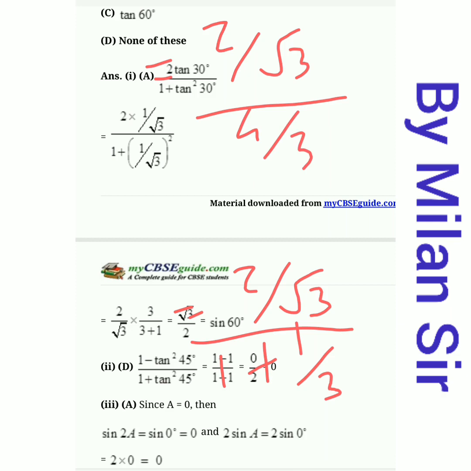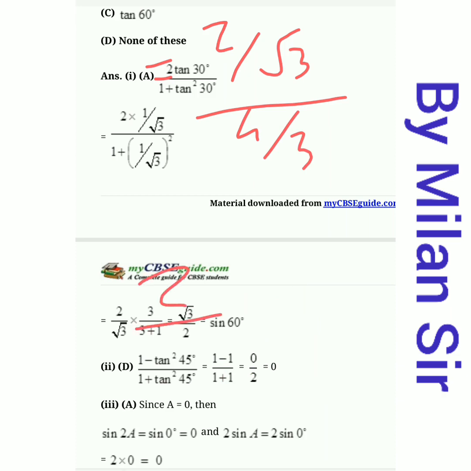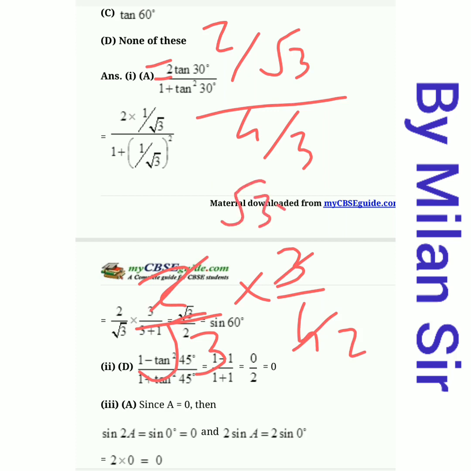Now transfer the denominator of the numerator into the denominator, that means 2 upon under root 3. And the denominator's denominator goes in the numerator, so 3 in numerator and 4 as it is in denominator. So 2 2s are 4, and 3 means under root 3 into under root 3.